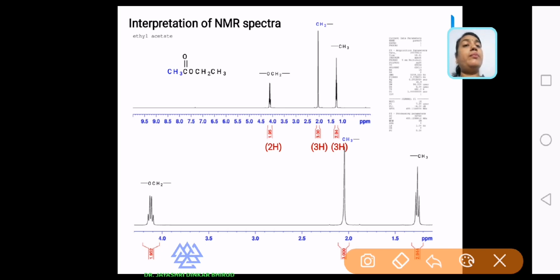The number of signals is 1 for the CH3, 1 for the CH2, and another for the CH3, because both the CH3 groups are in different chemical environments. One CH3 is attached to C double bond O and another CH3 is attached to the CH2 group. Therefore, both the CH3 are in different chemical environments. So the total number of signals is 3. This is the spectrum in front of you.